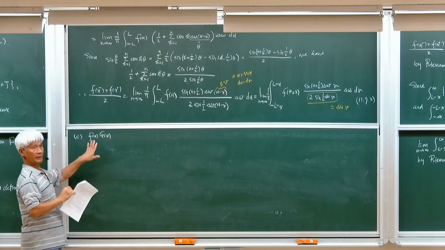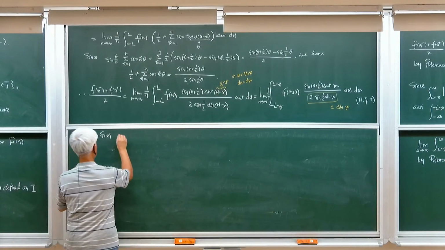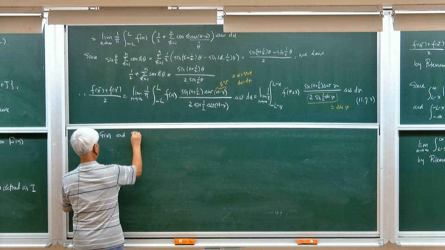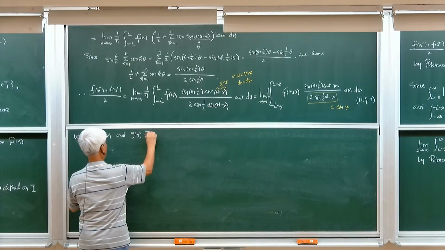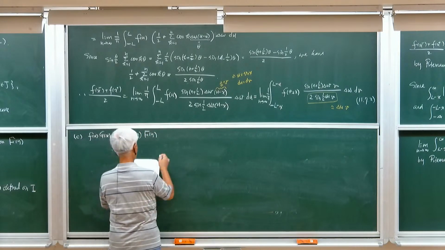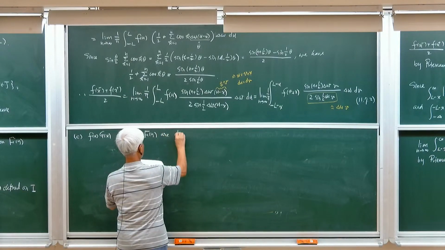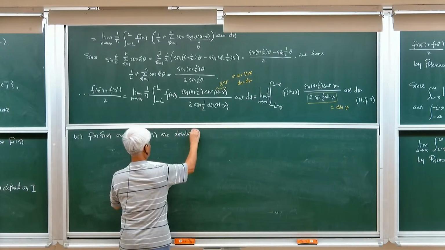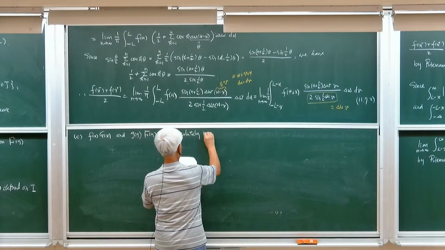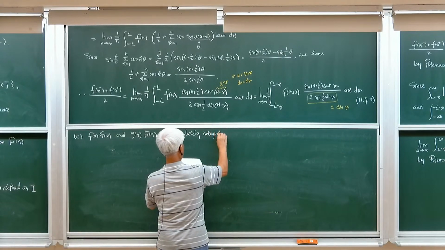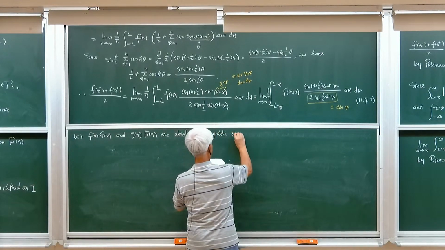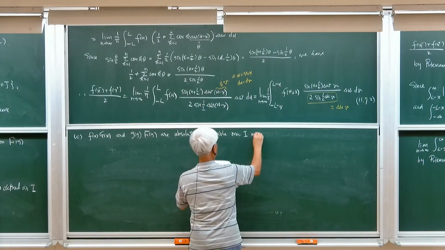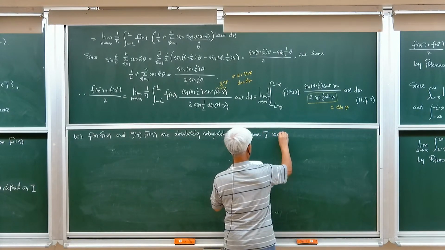So this becomes a function of x, and g of y times capital F of y are absolutely integrable over I and j respectively.